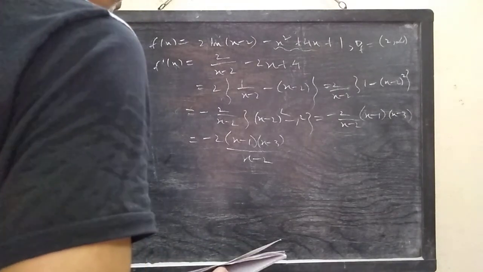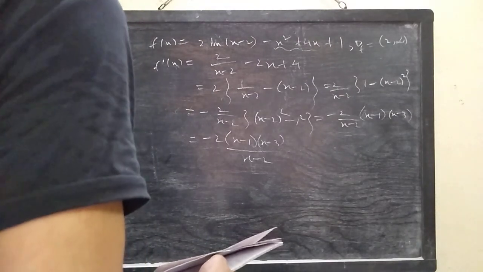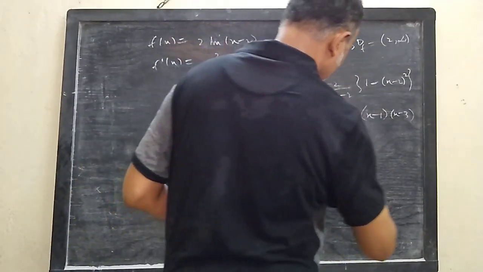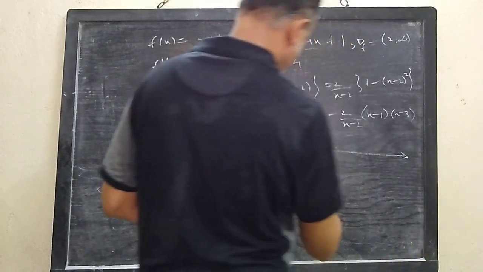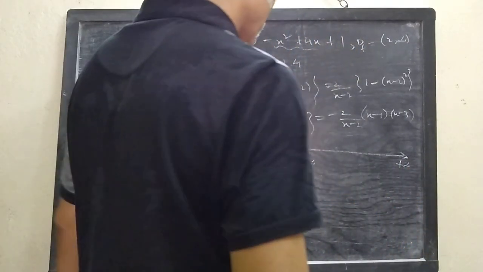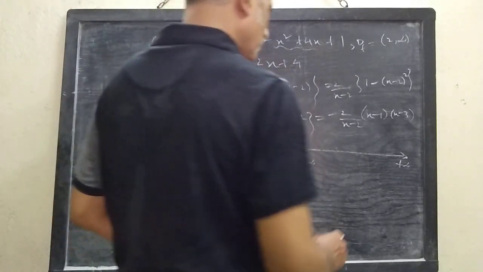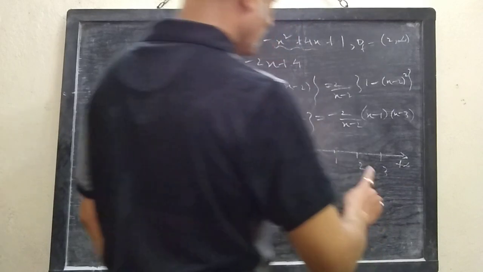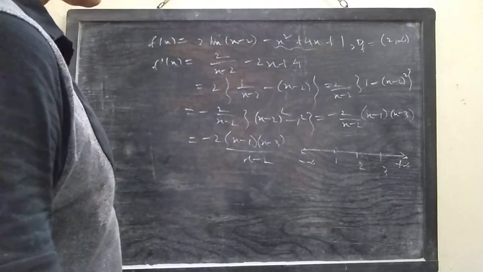Now let us draw the number line. This is plus infinity, this is minus infinity. The zeros are 1, 2, 3. All the zeros are ordinary zeros.